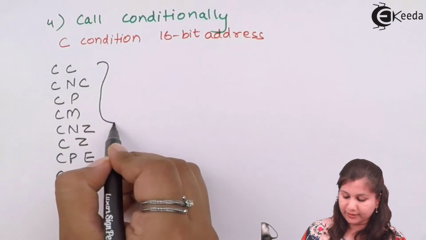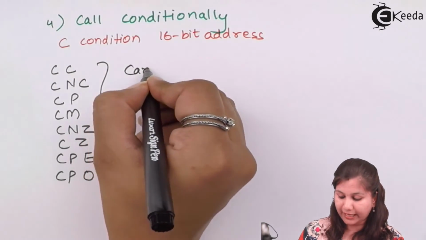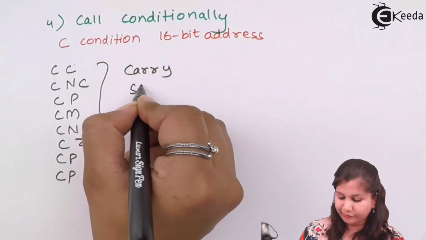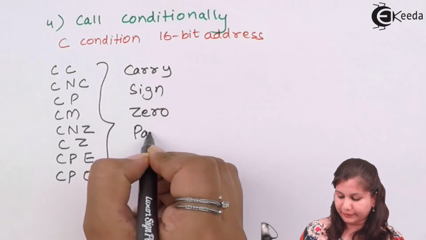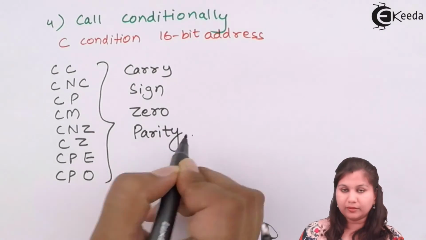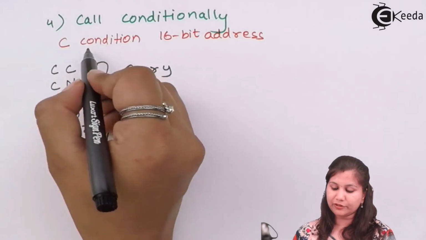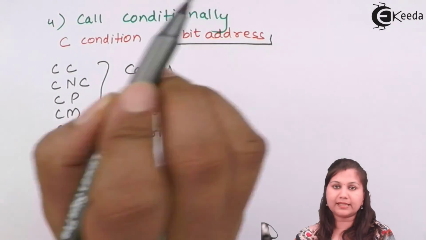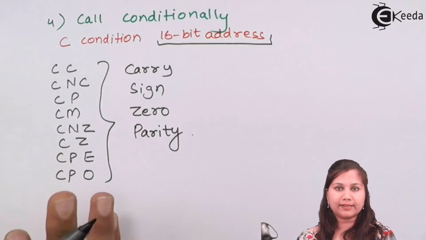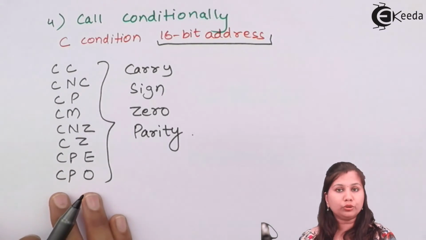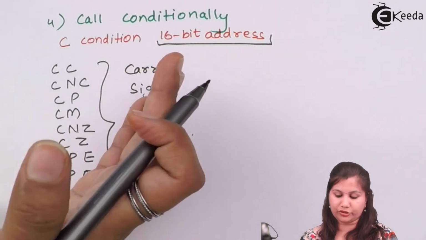So all these conditional call instructions are based on the conditions on the carry flag, the sign flag, the zero flag, and the parity flag. So when that condition is specified, then it is going to jump to that 16-bit address memory location and then execute that subroutine. So there were two call instructions, unconditional call and conditional call instruction.